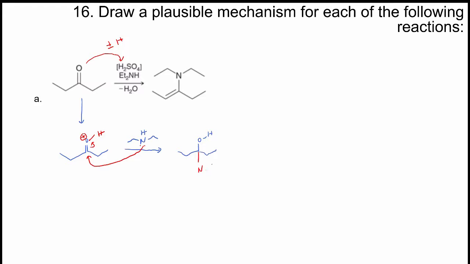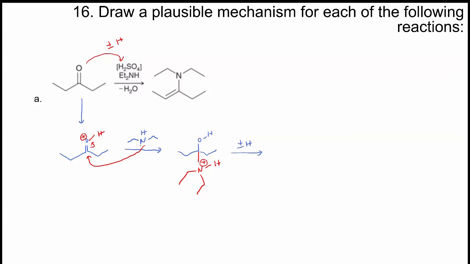So the nitrogen and everything that was on it also comes. So we have this positive charge here. And the goal of the reaction is to get rid of that alcohol. And alcohol is a bad leaving group. So what I can do is a proton transfer.